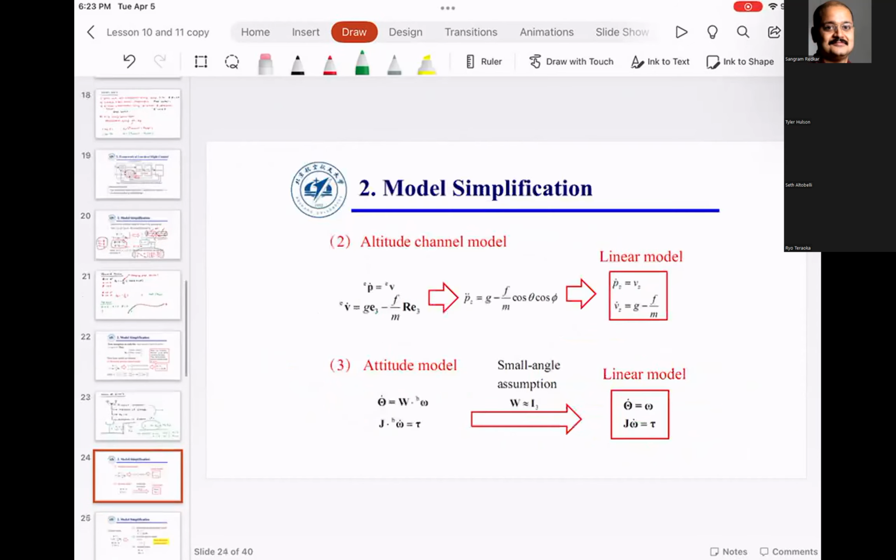Now, next part is just the mathematical expressions and their simplification. So please try to understand. These are the actual mathematical equations that we are looking at. These equations are nonlinear equations that are valid over the entire flight region.